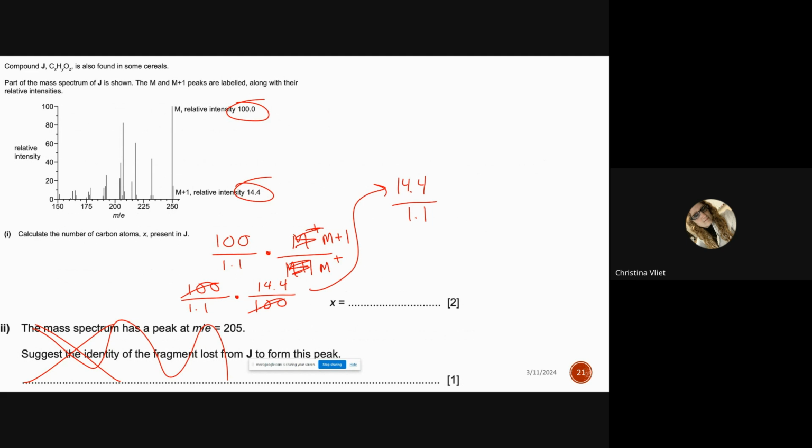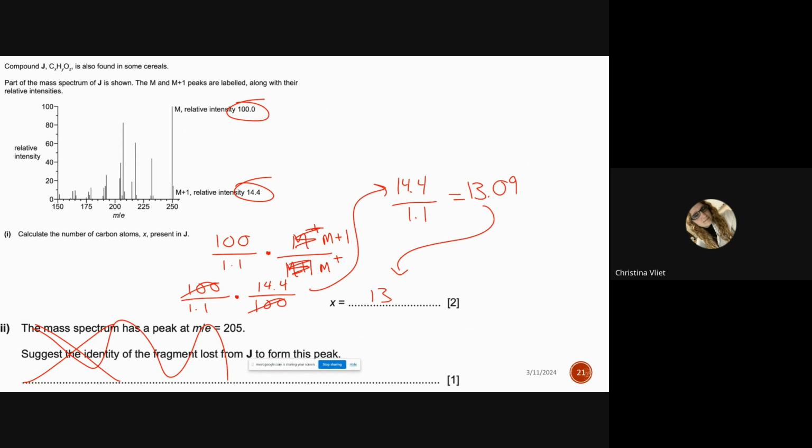I get 13.09, which you're allowed to round to 13. If it's within 0.1, you can round it. So x equals 13 here. We're going to try this again with another question.